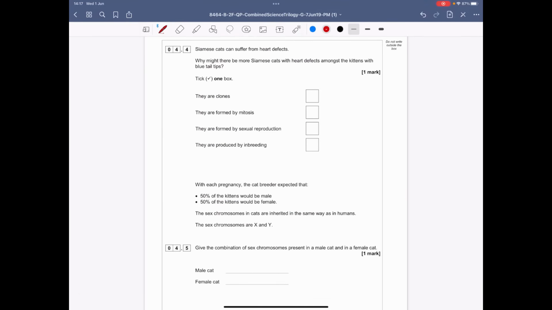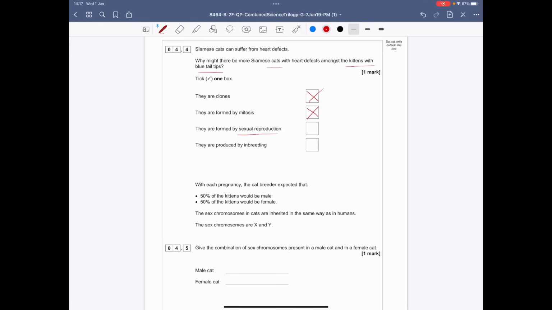Question 4.4 then. Siamese cats can suffer from heart defects. Why might there be more Siamese cats with heart defects amongst the kittens with the blue tail tips? Well, they're not clones because there's still a bit of variation in them. They are not just formed from mitosis, because it would be meiosis, because you'd still have sperm and egg fusing together.